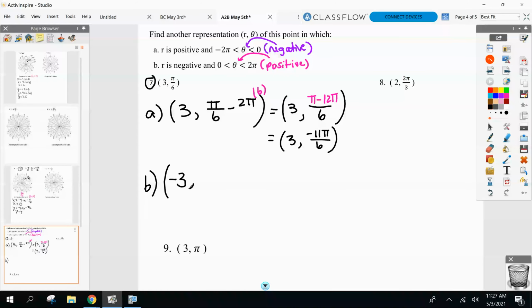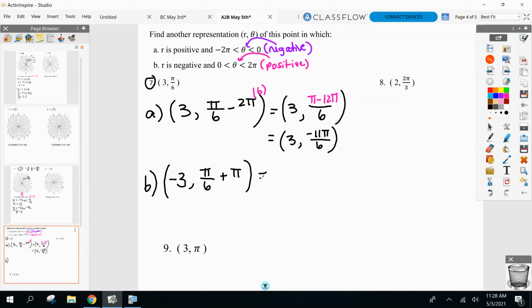Yes. You tell me. If my angle has to be positive, do I want to add or subtract pi here? What's going to result in a positive angle? Add pi or subtract pi? Adding it. Yep, so I'm going to add pi. Change the sign on the R value, you add and subtract pi, or 180 if you're in degrees.